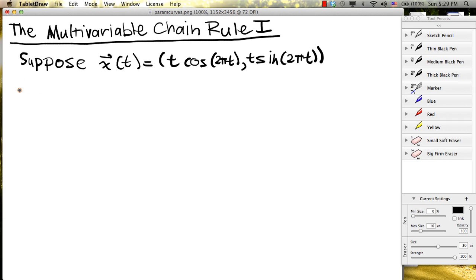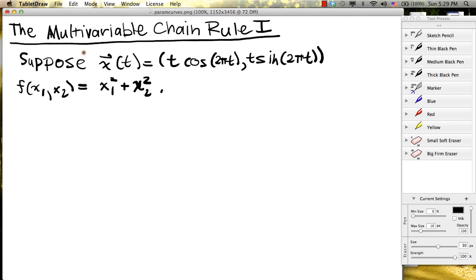And let's say we have f of x1, x2 equal to x1 squared plus x2 squared. So what does this do? This is the length squared of x1, x2 coordinates. That's what f gives us.